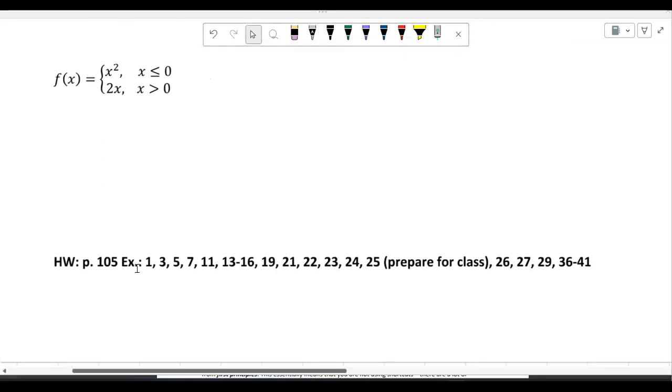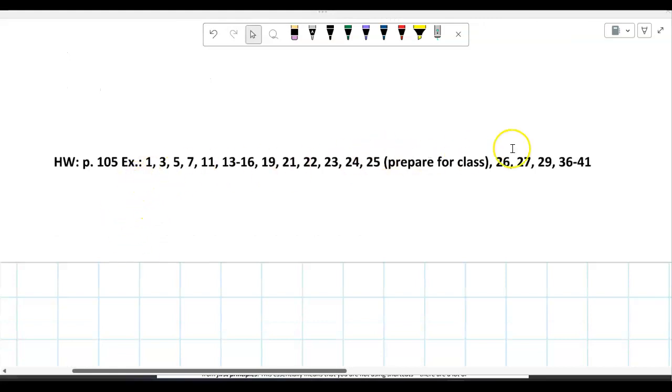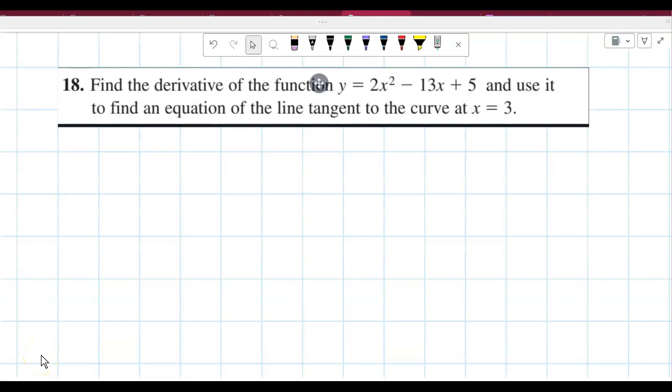Now this is important. When you find the derivative of a function, it will give you the slope function. So this is your y equals 2x squared minus 13x plus 5. What is the derivative y dash? 2 into 2x, so 2 into 2x, minus 13 times the derivative of x, which is 1, plus the derivative of a constant, which is 0.